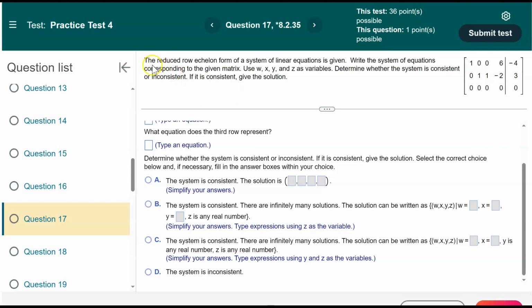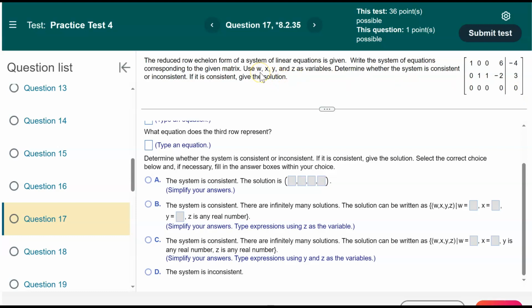Next number. We are given the reduced row echelon form of a system of linear equations. Write the system of equations corresponding to the given matrix. Let's write the system corresponding to that given matrix.